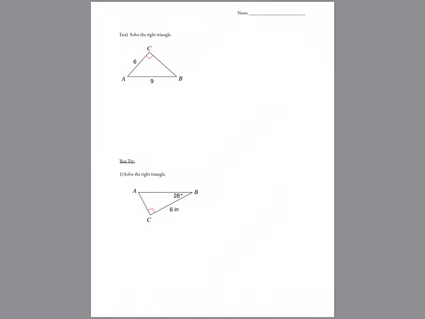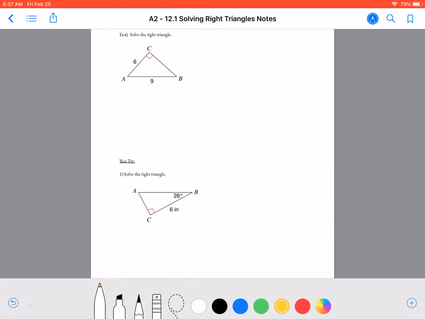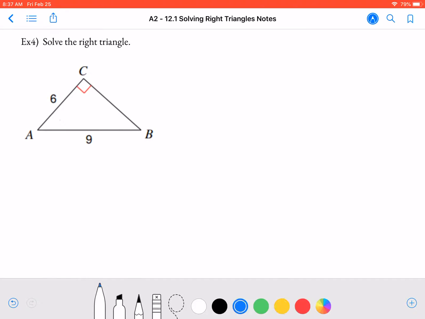Okay, next page, last one to do together here. Same thing, I'm finding all 3 sides, all 3 angles. So we're going to have angle A, angle B, side A, side B, and side C. I'm going to start by finding side A, actually, sorry, back up.